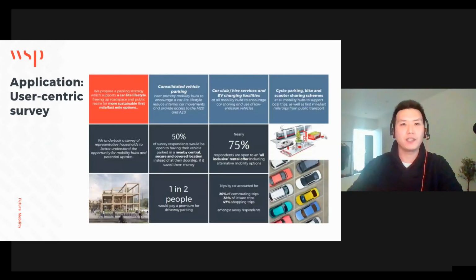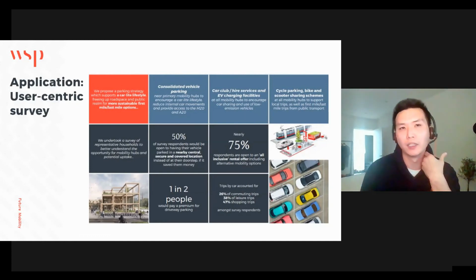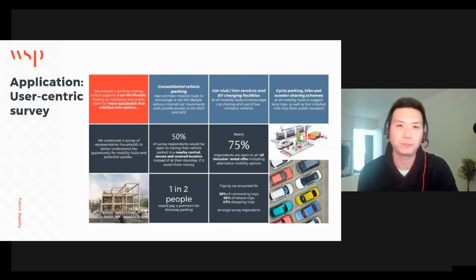Over the page, this is just a summary of a vision that we developed based on the surveys. For example, we want to implement things like consolidated vehicle parking, a lot of car club and hire services, active travel, and then some interesting points: 1 in 2 people are willing to pay a premium for driveway parking. 75% of respondents would be open to an all-inclusive rental offer.